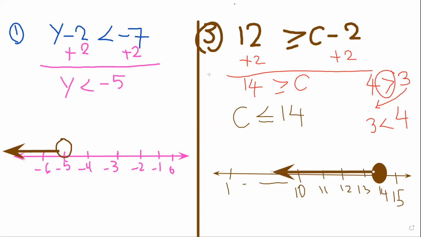Now, let's solve number 7. In number 7 here, we have 3m greater than 6.